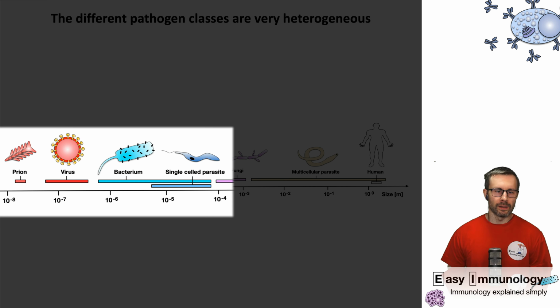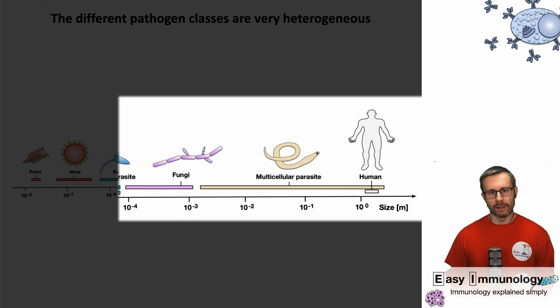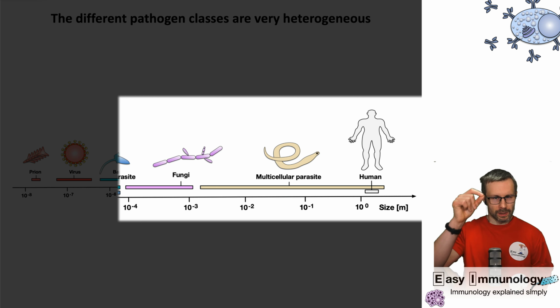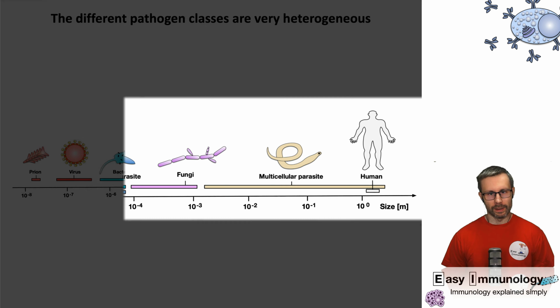Their genome is like 10, 15, 50 times bigger than the typical genome of a bacterium. Then we have fungi, which are as big as our cells in our body. And then we have the multicellular parasites that start at a few millimeters. You can see them with your bare eyes. And then we have real big nasty parasites that can be up to 12 meters long, if they live, for example, in our gut.